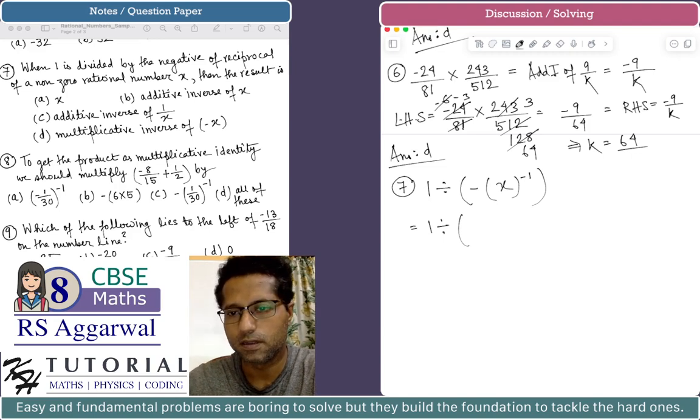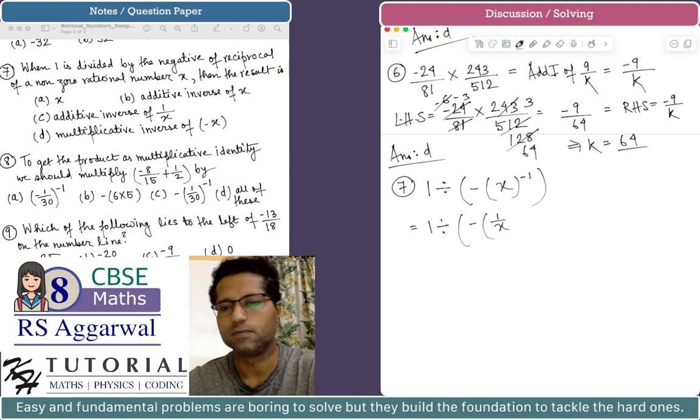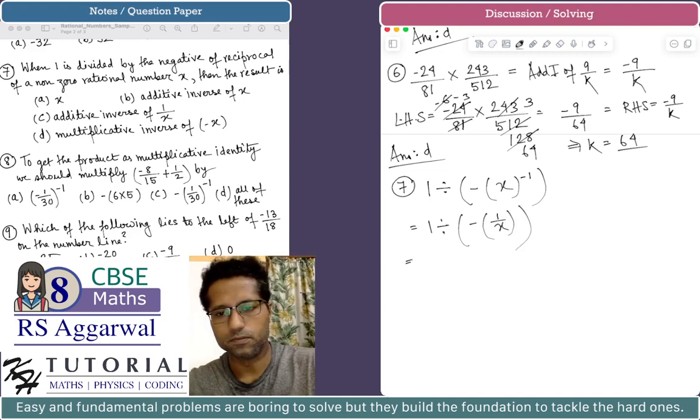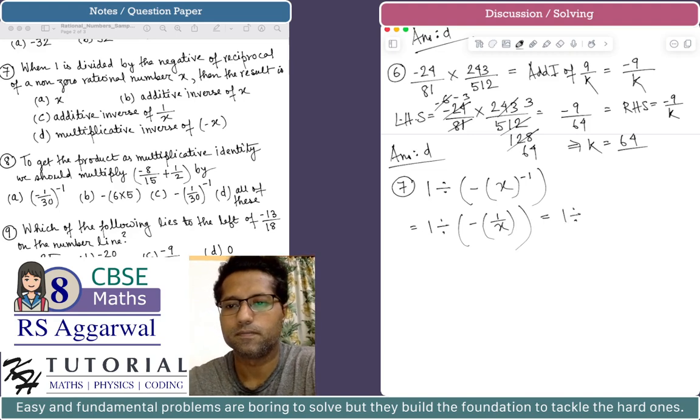Reciprocal of x is nothing but 1 by x. We have this. Now this is equal to 1 divided by minus of negative of 1 by x, which is nothing but minus 1 by x. The numerator changes its sign.